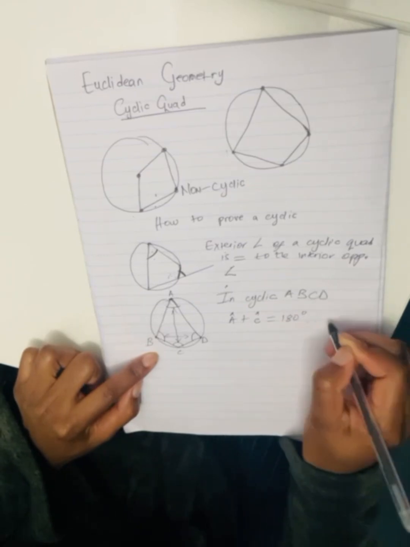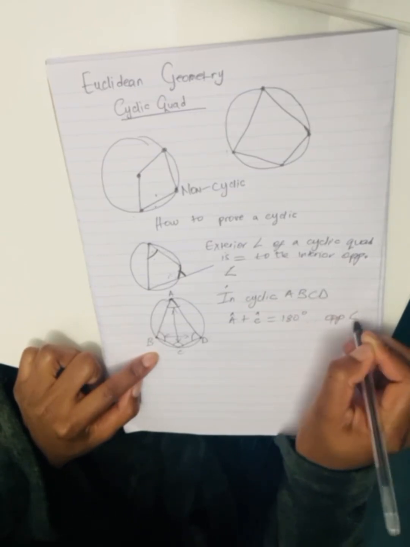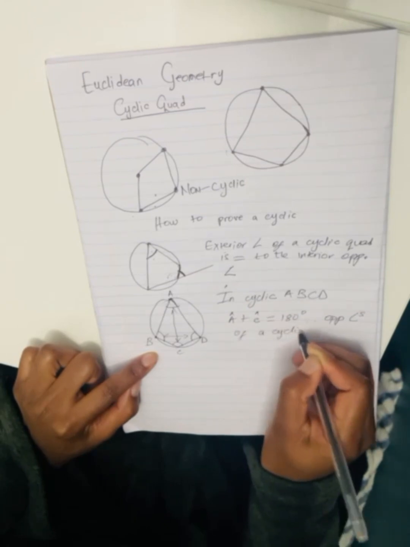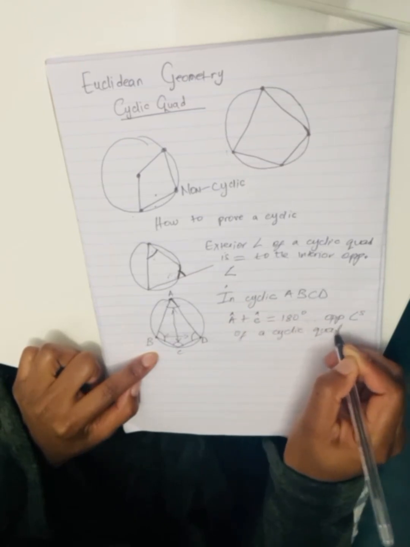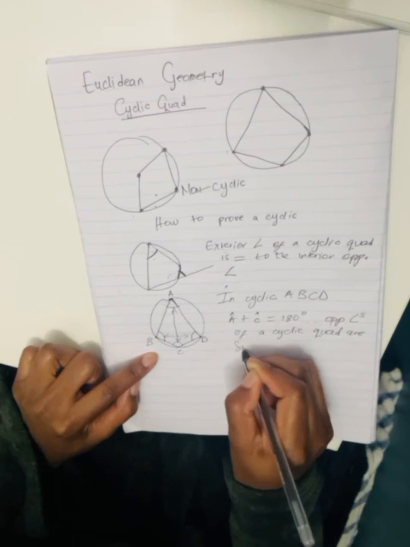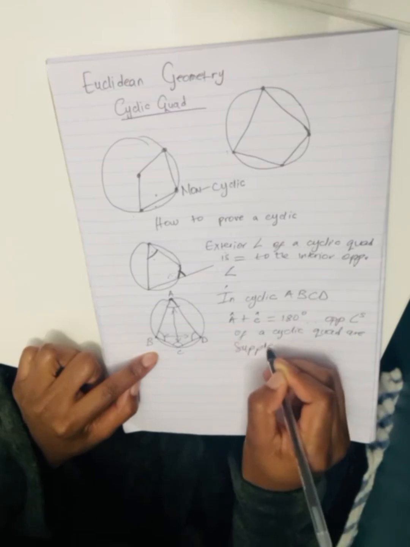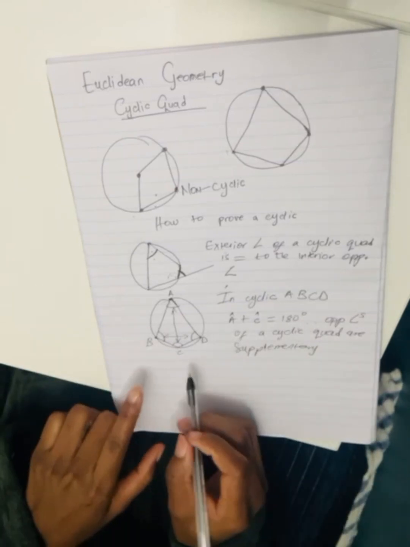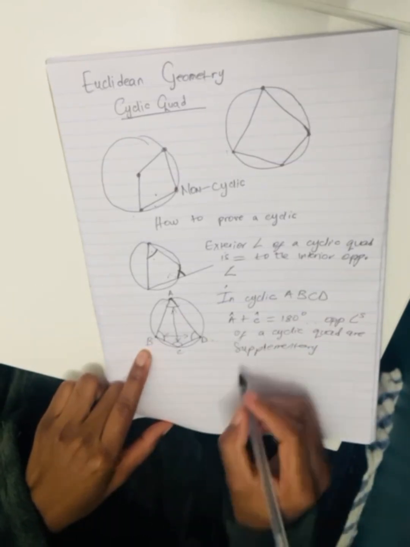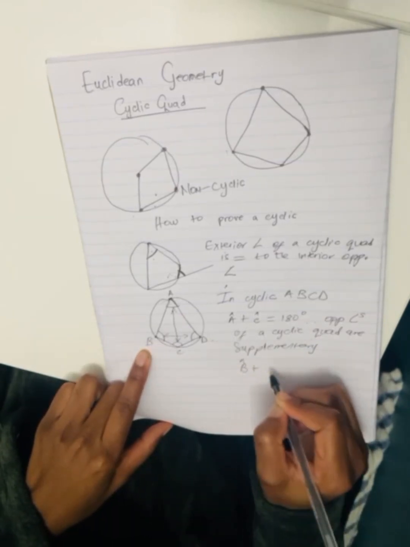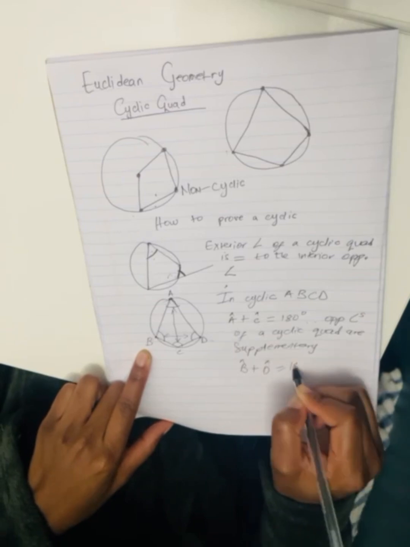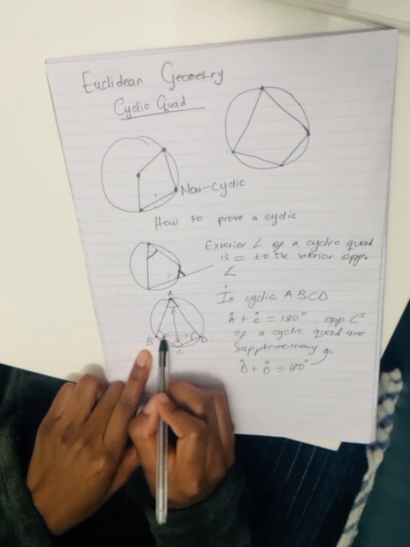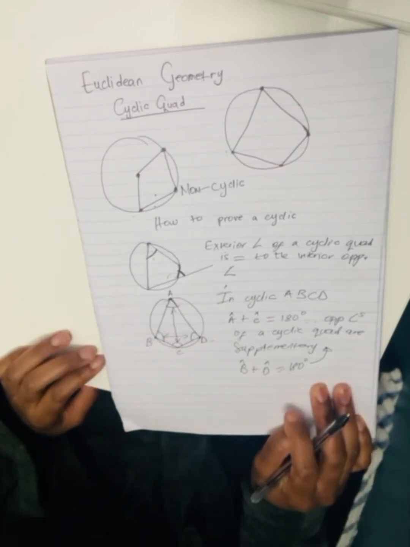The reason is that opposite angles of a cyclic quad are supplementary. Similarly for angle B and D. You can say angle B plus angle D is the same as 180 degrees, with the same reason that the opposite angles of a cyclic quad are supplementary.